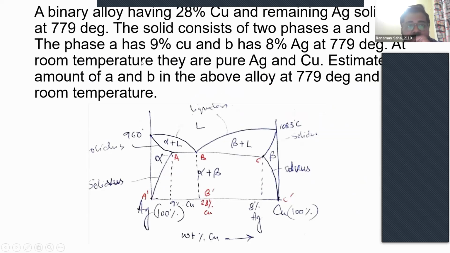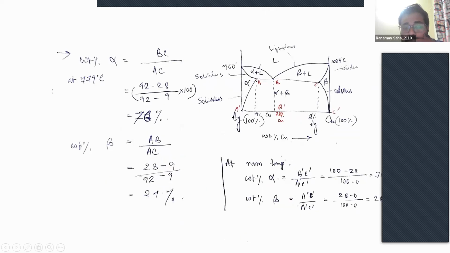So at room temperature, they are pure silver and copper. Here you can take silver 100%, copper 100%. So here silver 100 means copper becomes 0. Using this as the baseline, A dash C dash, we can find out the weight percent of alpha at room temperature and similarly beta at room temperature.